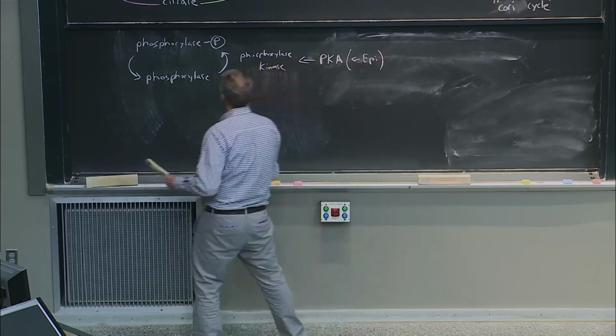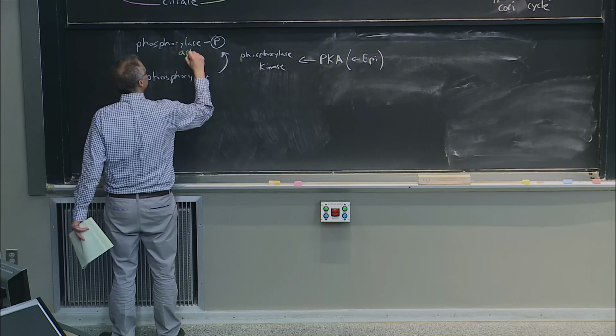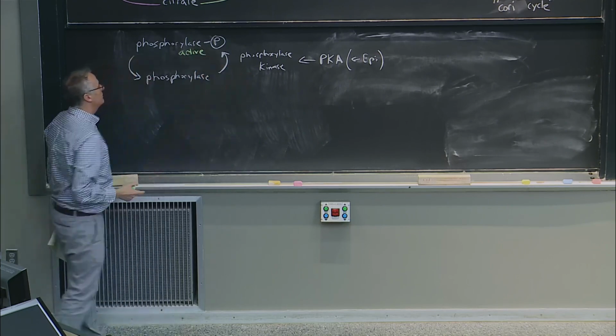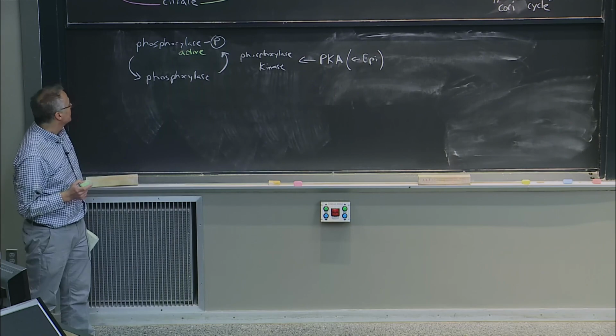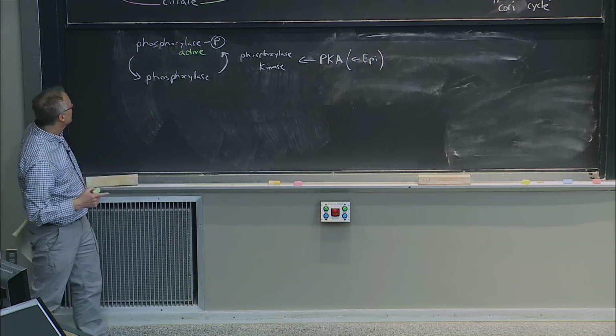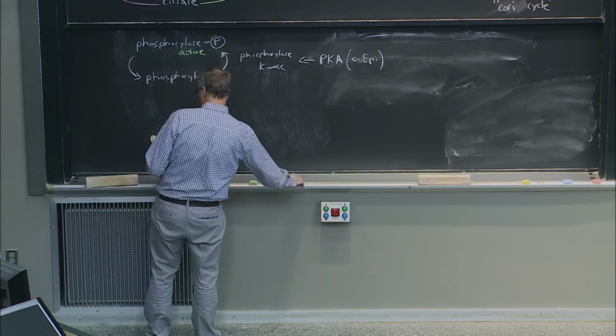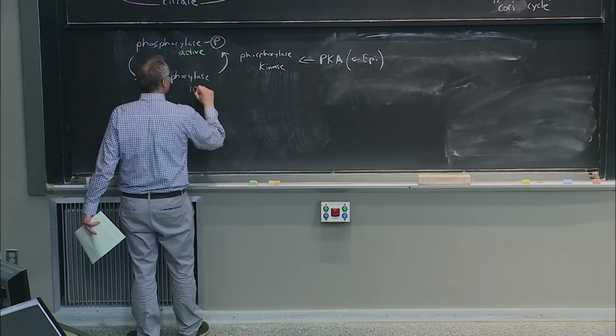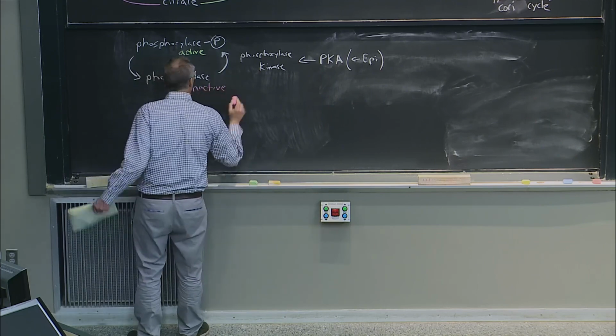Okay? And so when phosphorylase is phosphorylated by phosphorylase kinase, that is, has a phosphate group added as a signaling cascade, it is in the active state. And when it's dephosphorylated, it's in the inactive state.